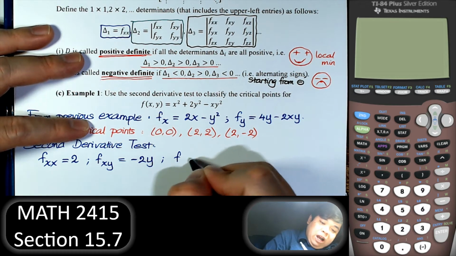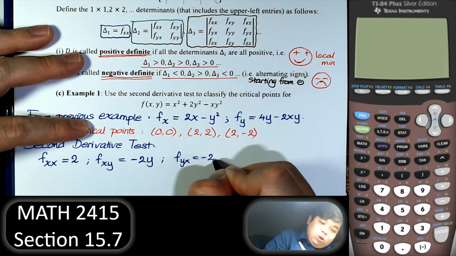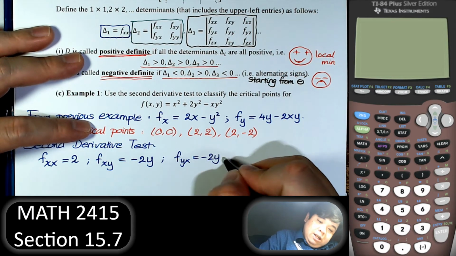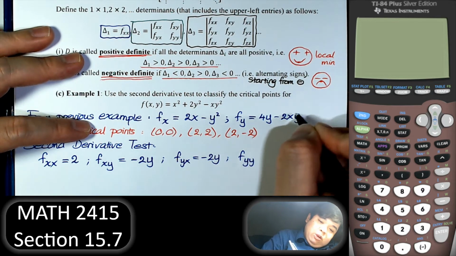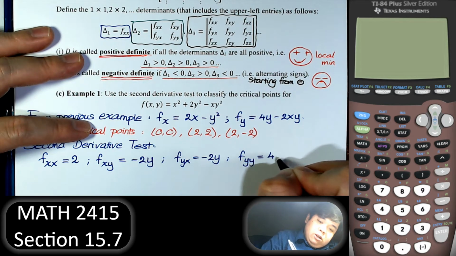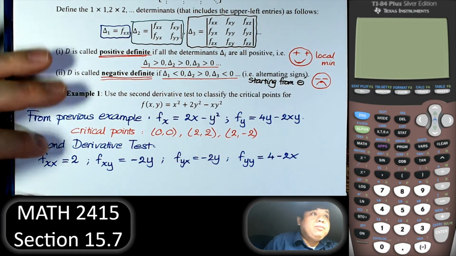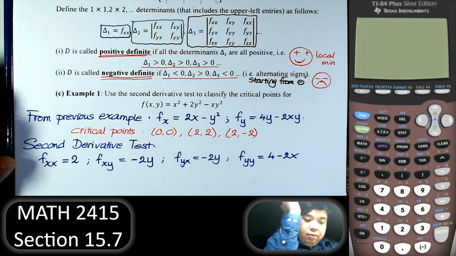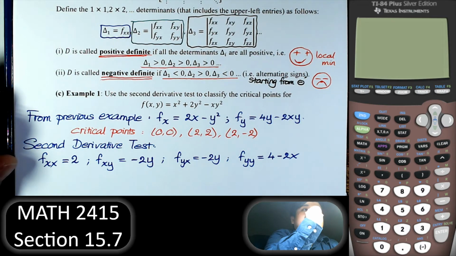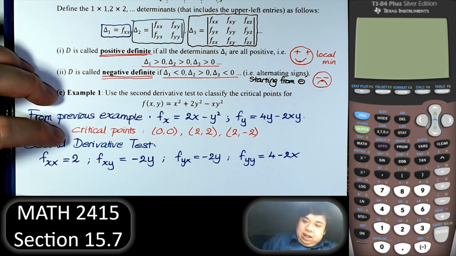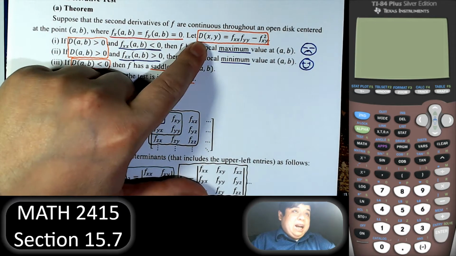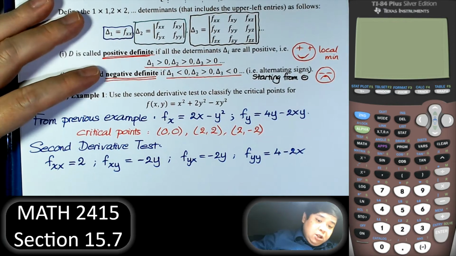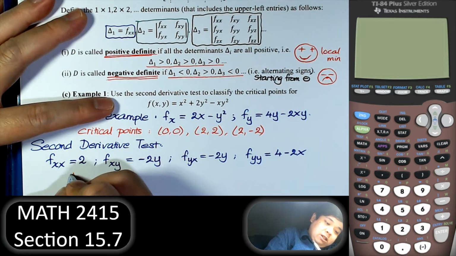The derivative f_yx will be negative 2y because it's going to be the same. Mixed partial derivatives are equal. And then f_yy, the derivative of this with respect to y, is 4 minus 2x. Right? So that's what we have. Now, like I said, you should have this in the final when you take the test. So we will just calculate the discriminant.